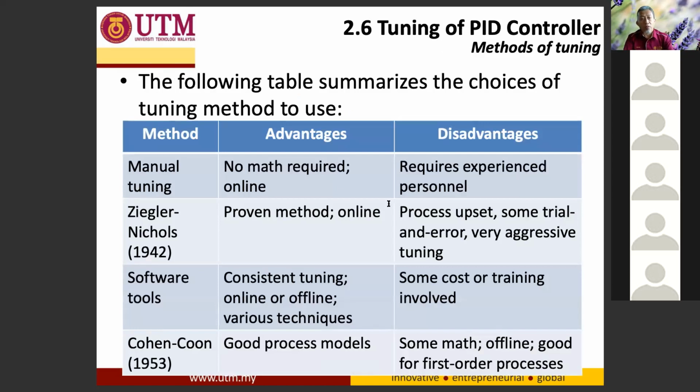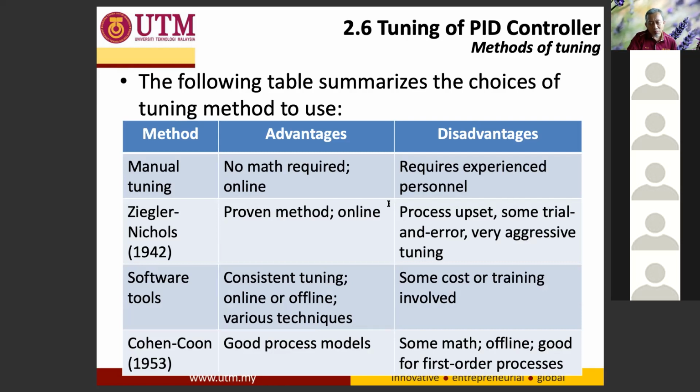So that's why, as I told you before, there are a lot of tuning methods listed on Google, but I took 4 methods: manual tuning, Ziegler-Nichols method, software tools, and Cohen. Each method has its own advantages and disadvantages.